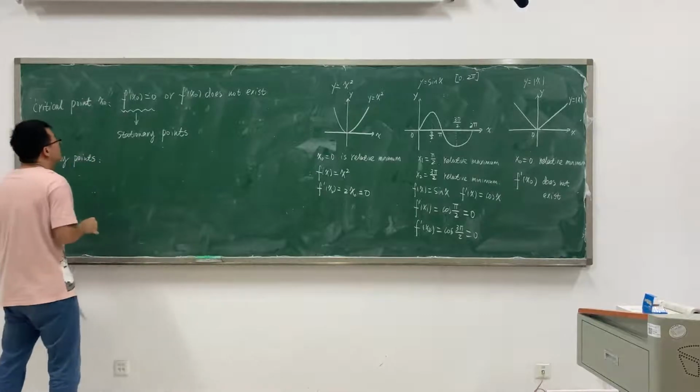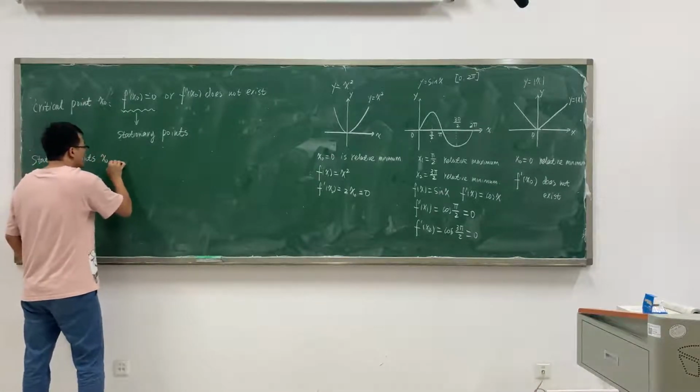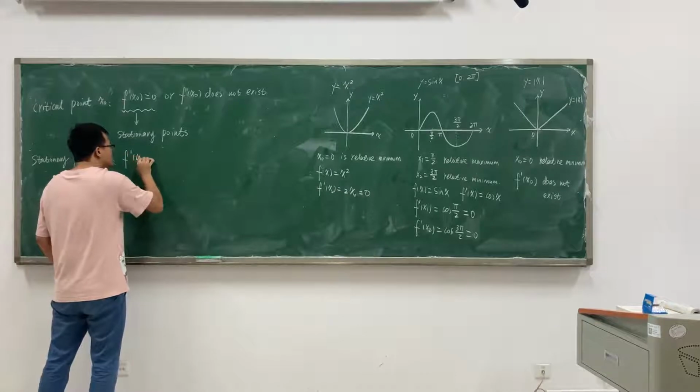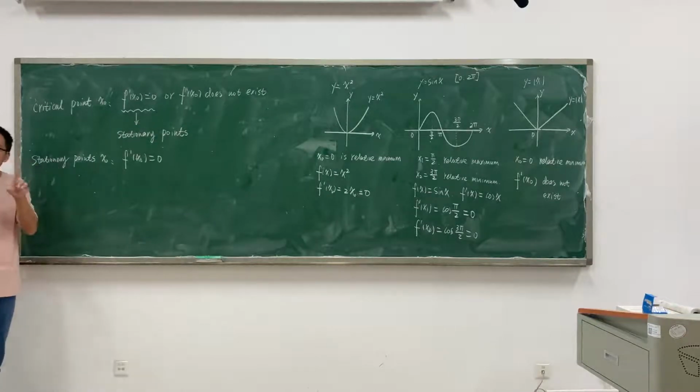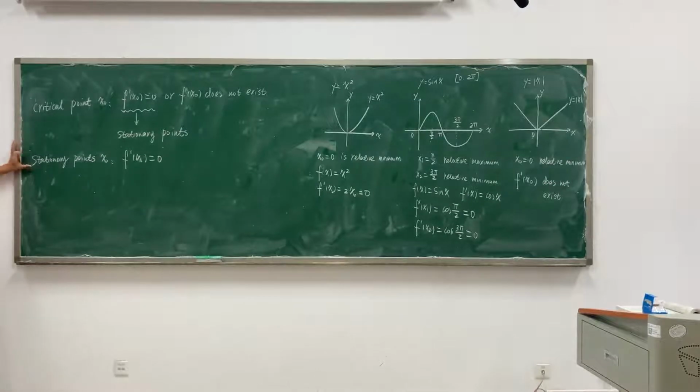The definition means f prime of x0 equal to 0. So the stationary point means the derivative equal to 0. So it's easy to see the relationship between the critical point and the stationary point. Actually, the stationary point is a critical point. But the critical point is not necessarily a stationary point.